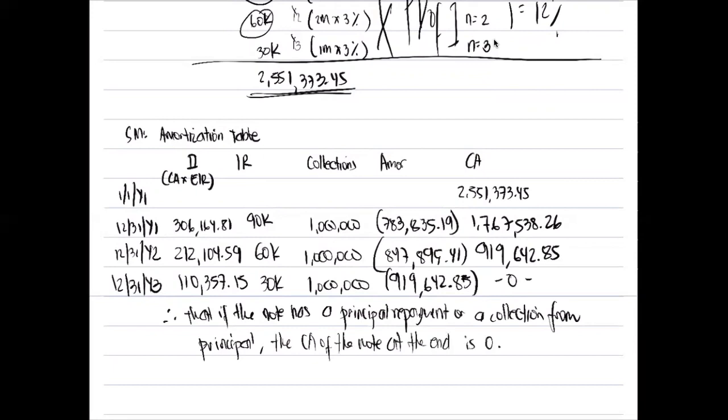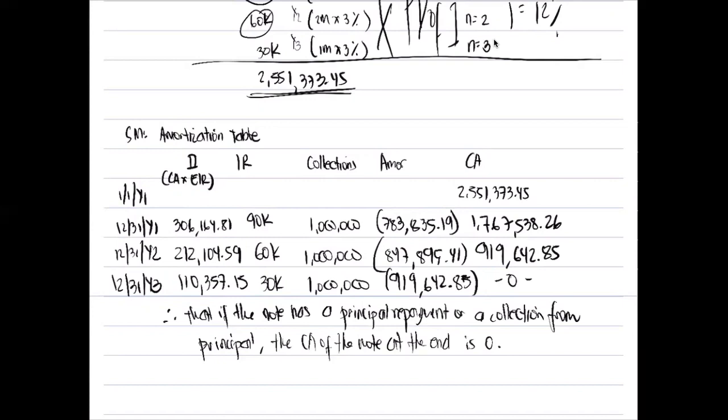A while back, if ever there's no principal repayment or collection on the note, then the carrying amount will be equal to the face amount. But if ever there is a principal repayment or collection, then the carrying amount at the end is 0.